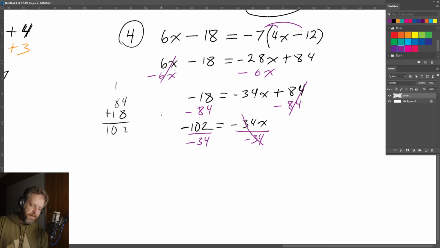First of all, is it going to come out positive or negative? Positive. It's going to come out positive. All I heard you say was 3. What do you mean? 102 divided by 34. Yeah.